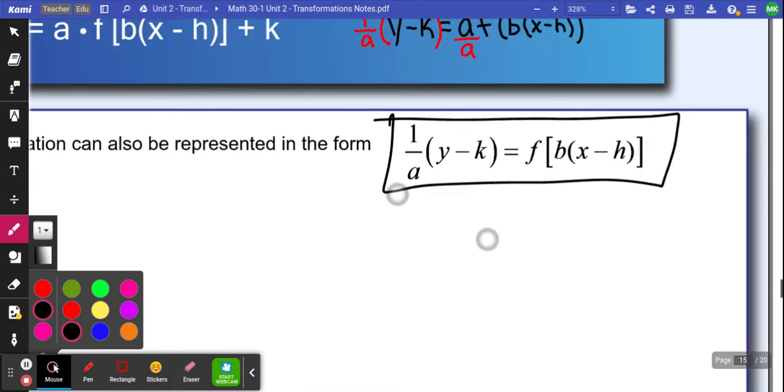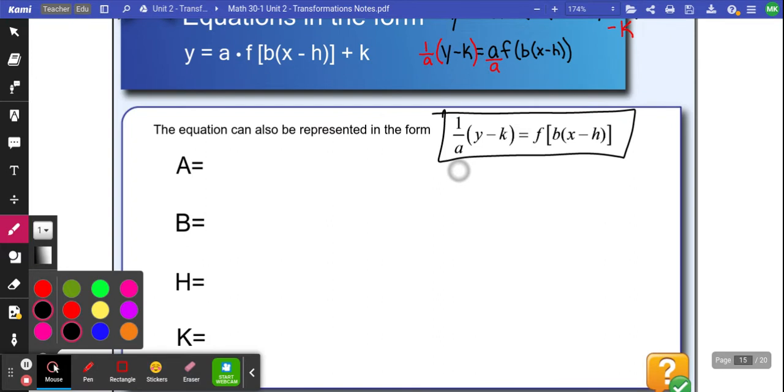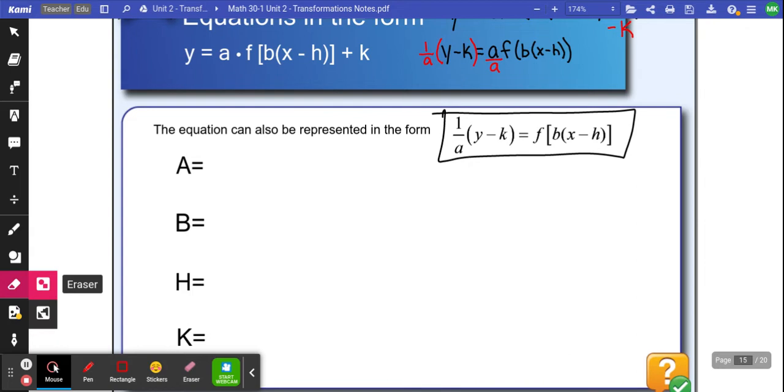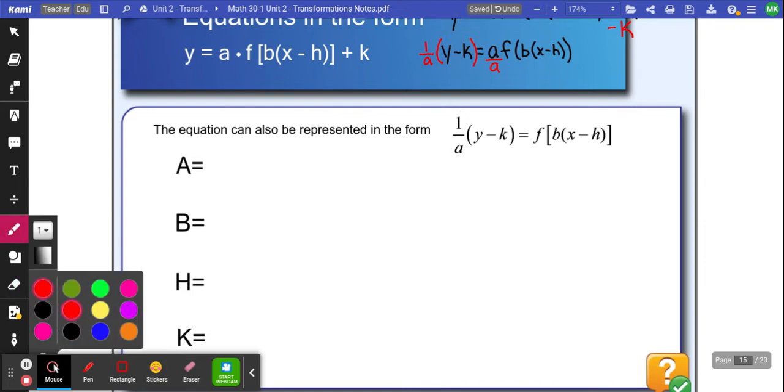On this slide, we're going to write what each one of those letters mean. So let's start with A. Your A value. A is a vertical stretch.